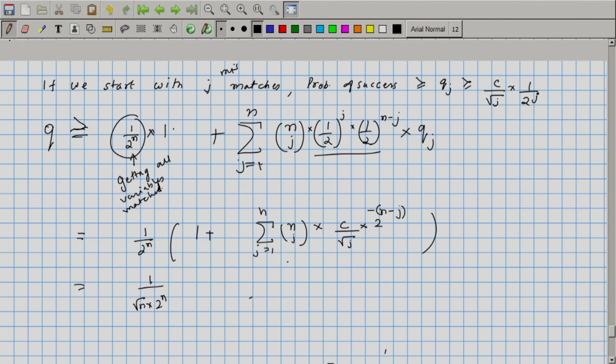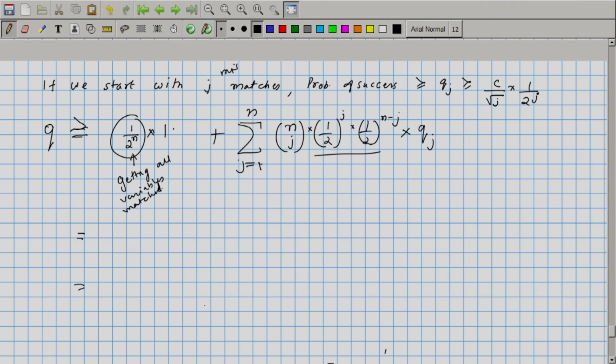So, if you take root n and c outside, you can write this as c by root n into 2 raised to n into summation j equals 1 to n, n choose j.